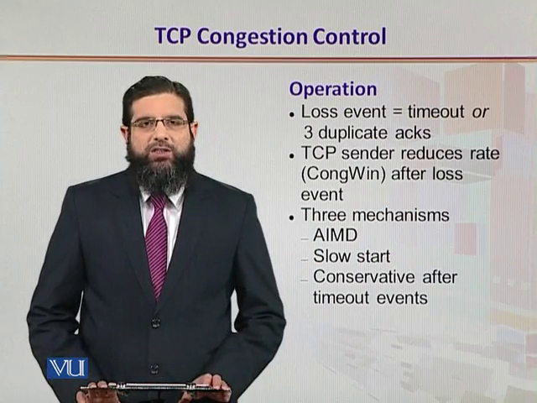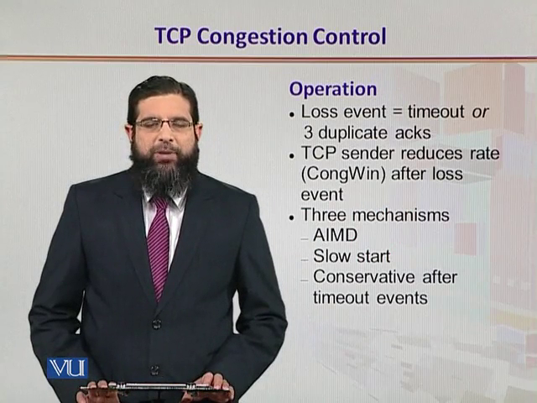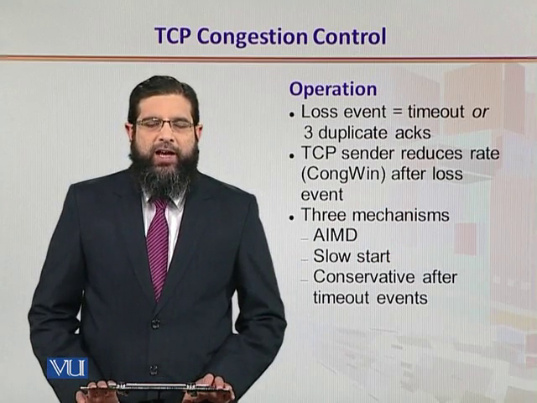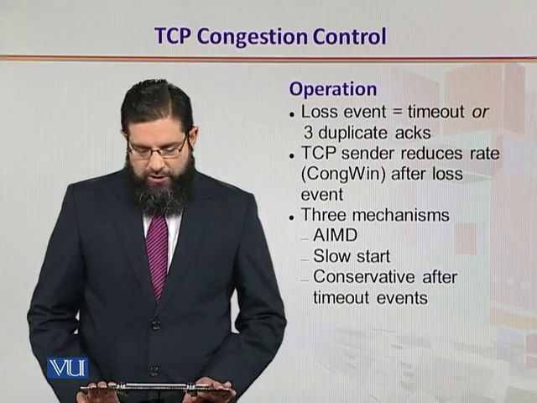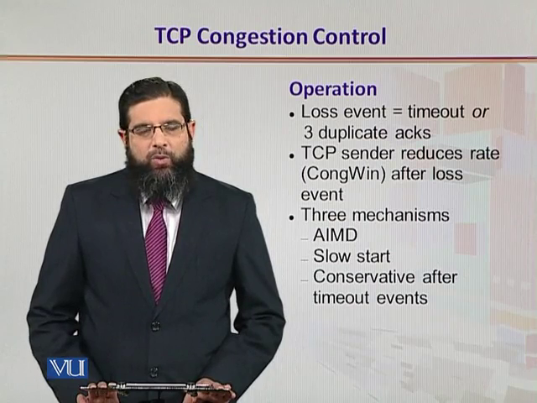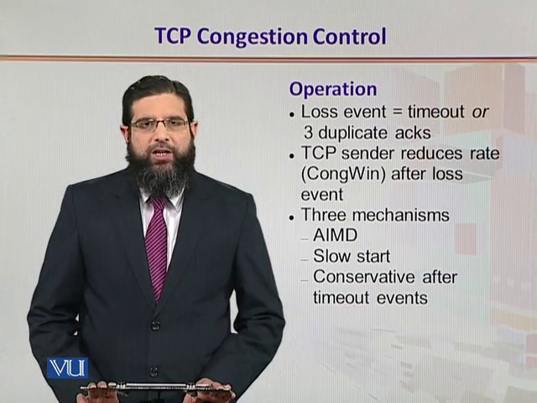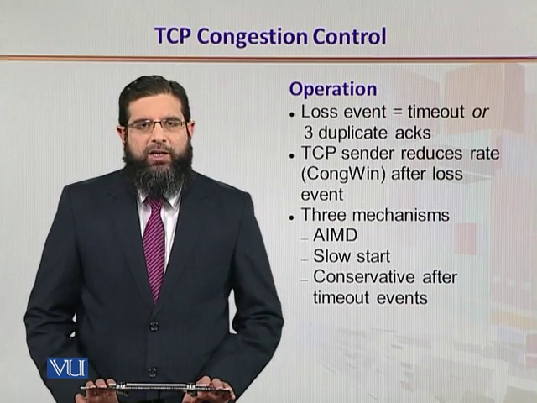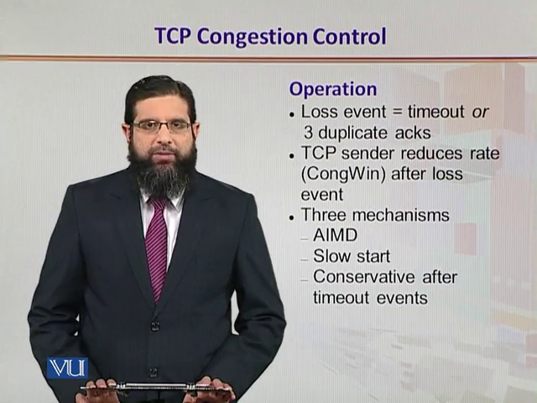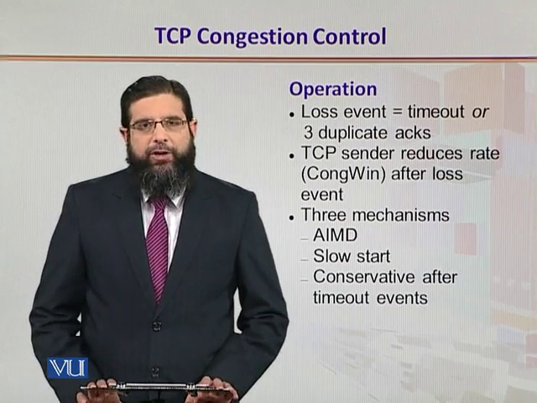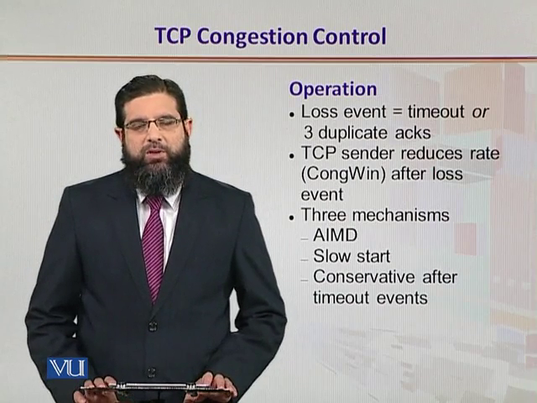TCP infers the incumbent congestion through a loss event, which is when a timeout event takes place. A packet was sent, but the timer for that packet timed out and no acknowledgement arrived. Or 3 duplicate acknowledgements arrive.